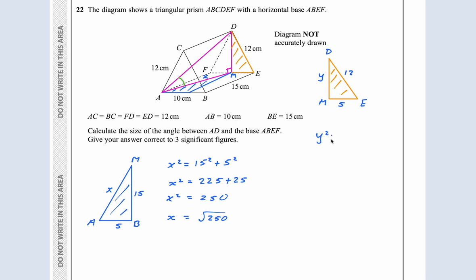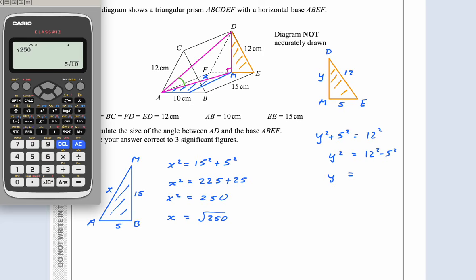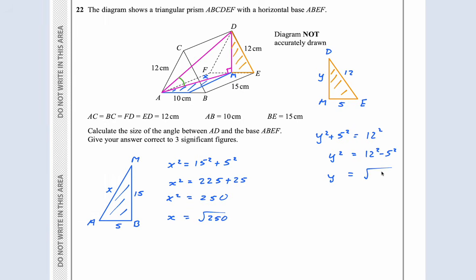So y squared plus 5 squared equals 12 squared. y squared equals 12 squared minus 5 squared, and 12 squared minus 5 squared is 119. I'm going to leave it as a root, so y is the square root of 119.